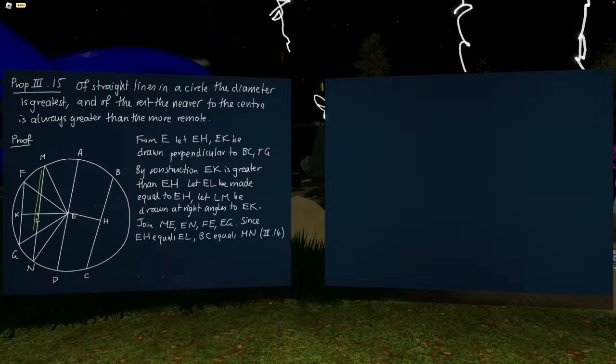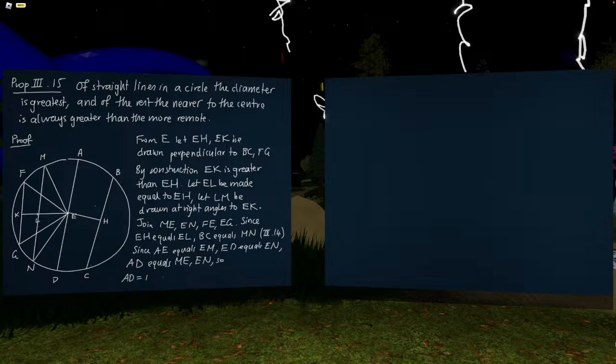So that's this length and that length. And since AE equals EM because they're radii, and ED equals EN, but ME, EN are greater than MN by proposition 20 of book 1, and MN is equal to BC.